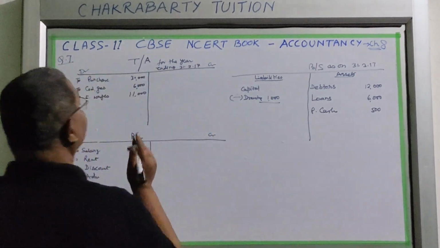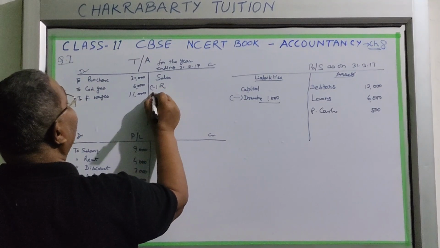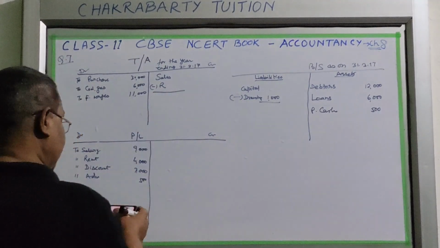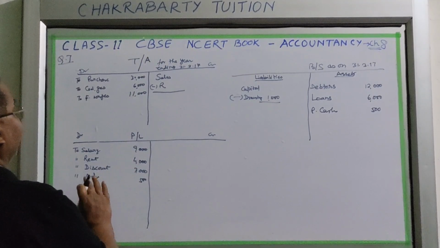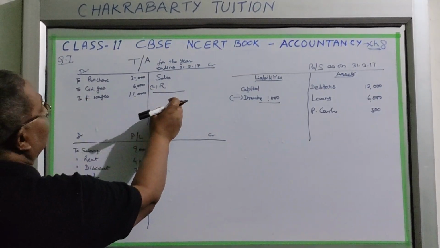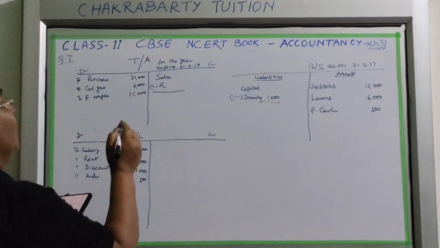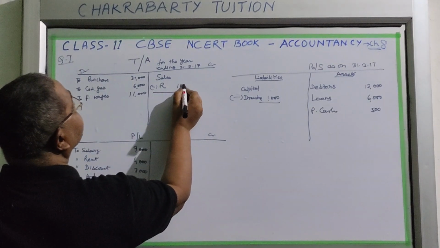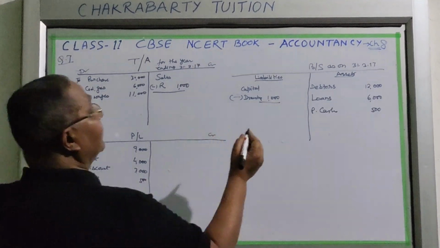Sales return 1,000, sales less returns. What I have told, due to grouping and marshalling, sales return is on the debit side, so it will go to the sales side and its sign will change. Sales return is 1,000. Machinery 5,000.